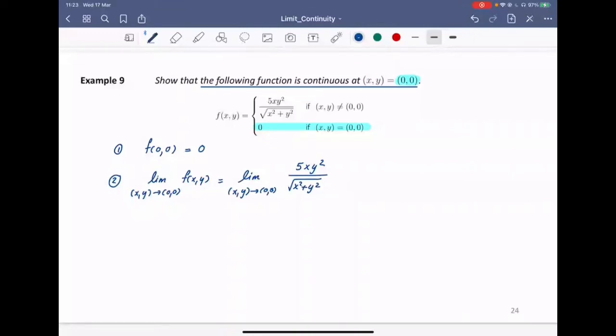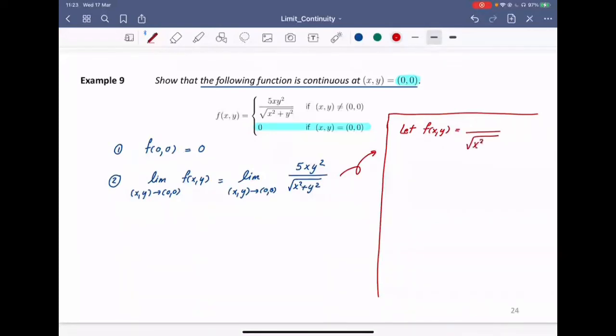But the best way to solve this, I'm gonna do in the box here. I'm gonna let f(x, y) be the square root of x squared over the square root of x squared plus y squared, and then I'm gonna pick g(x, y) to be what we have left. So let's try to bound f first. You have seen the technique already.